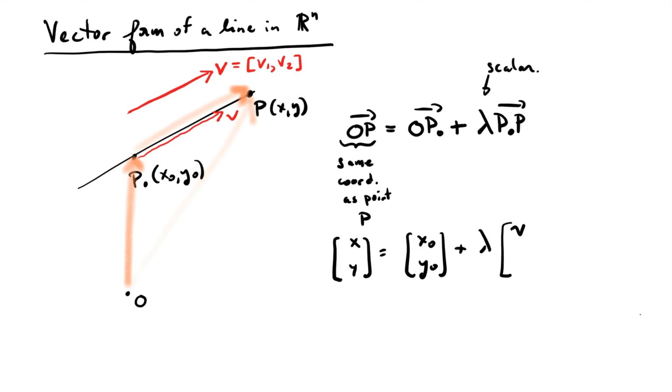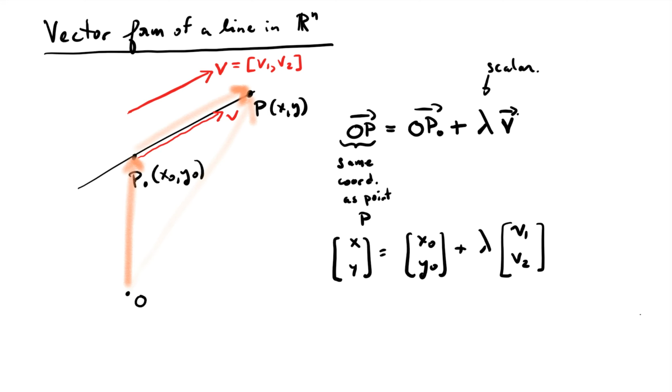What I wrote there was P0P, but what I meant is the vector V instead. Let me erase this. Sorry about that. It's V that I need to put there. I know the coordinates of V. If I move parallel to V, so if I multiply that V by some scalar, I'm going to be able to get to any point P that's a part of the line. So this is why I wanted to write lambda times (v1, v2). That's better.